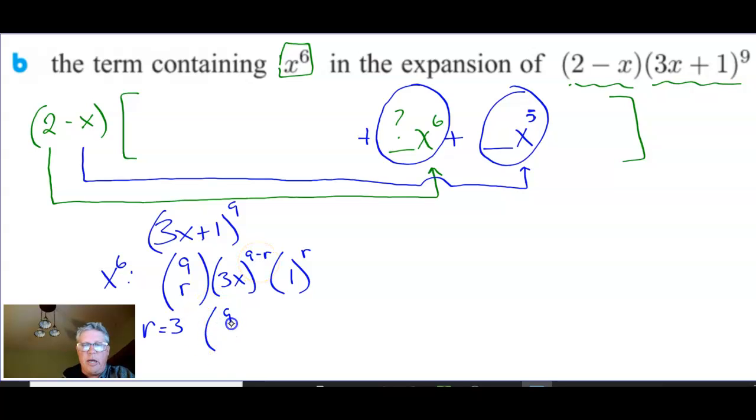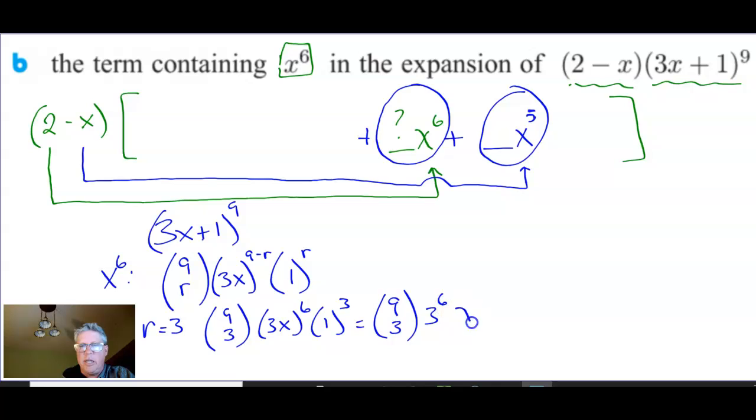So that is 9 choose 3, (3x) to the 6th, 1 to the 3rd. Of course you're not writing the 1, but you know, 9 choose 3, 3 to the 6th, x to the 6th. All right, so that's x to the 6th.